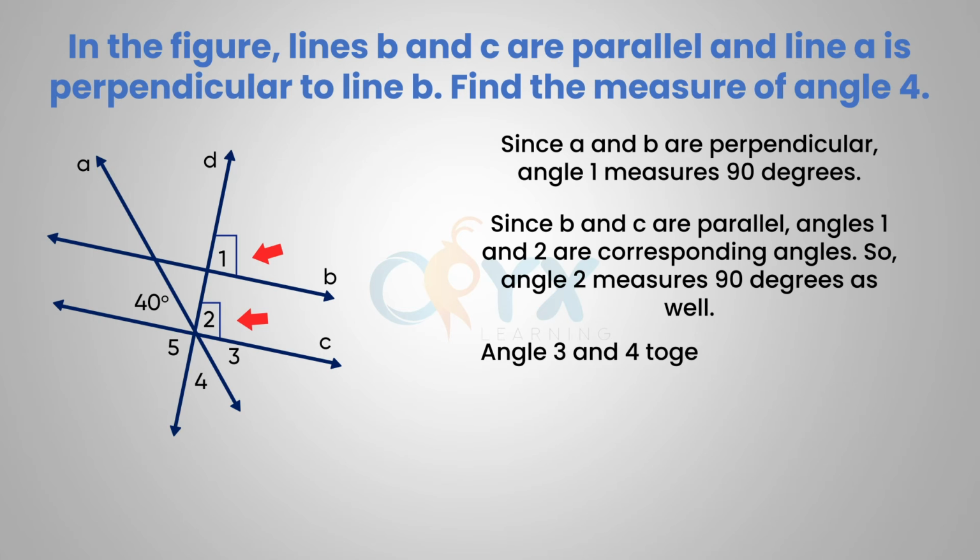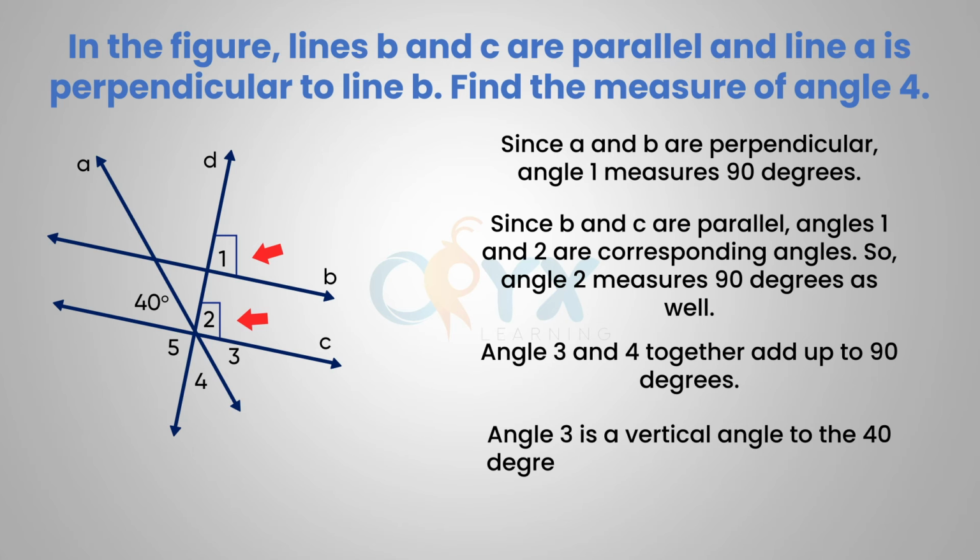Angle 3 and 4 together add up to 90 degrees. Angle 3 and 4 are complementary angles. Angle 3 is also vertical with the 40-degree angle, so angle 4 must equal 50 degrees.